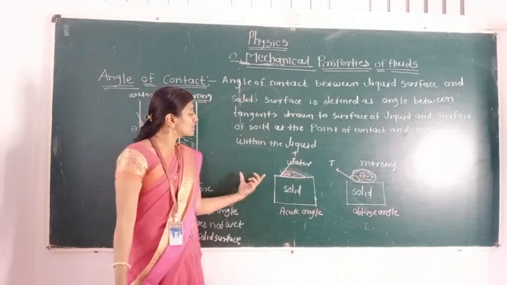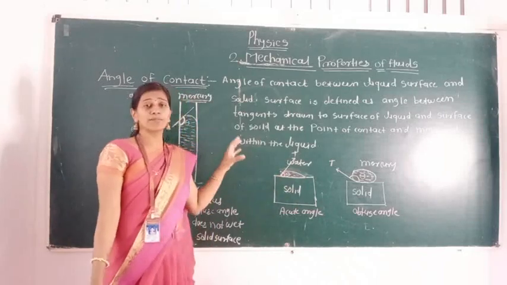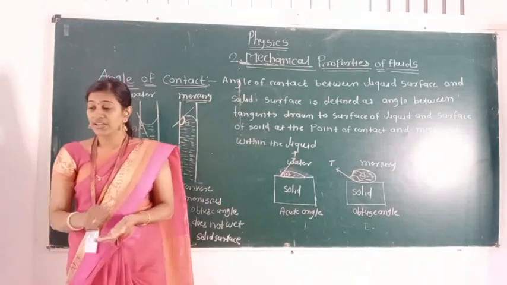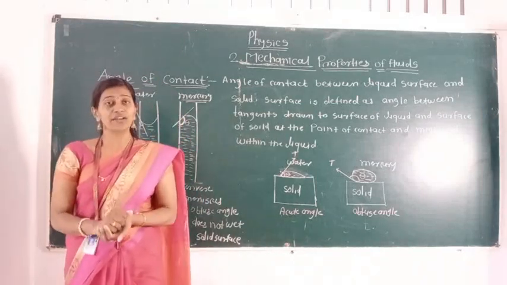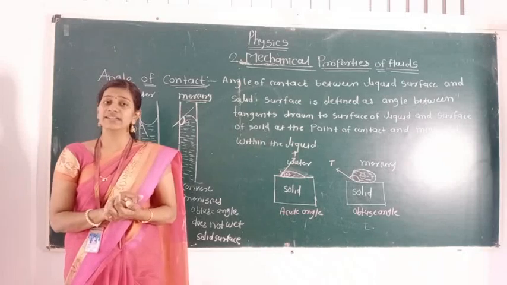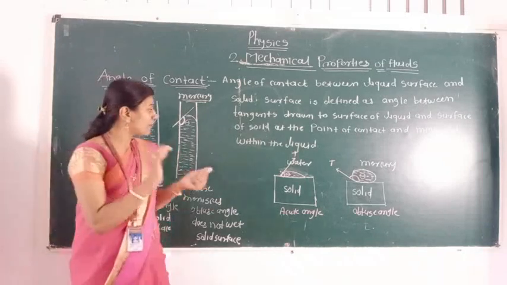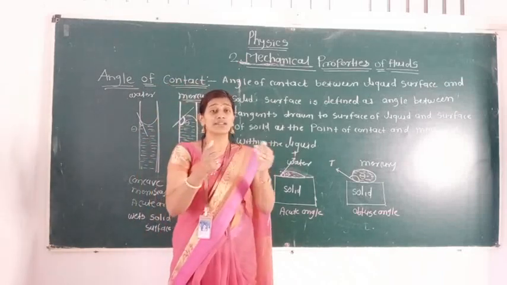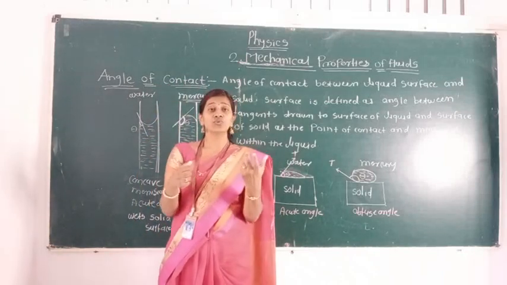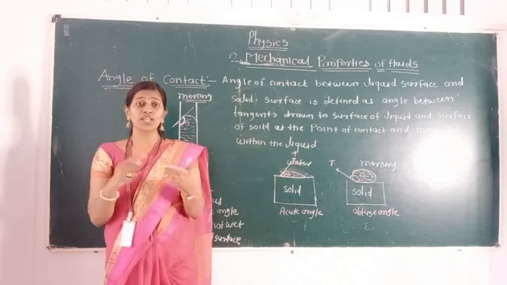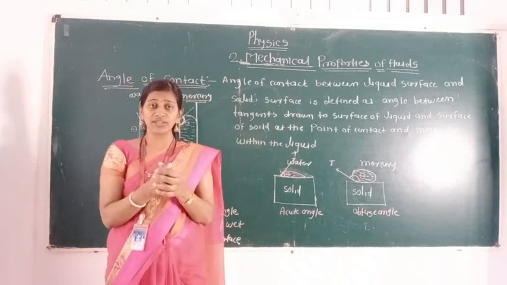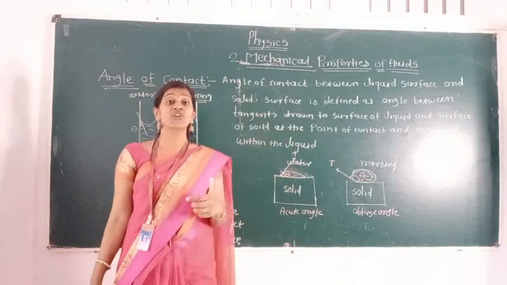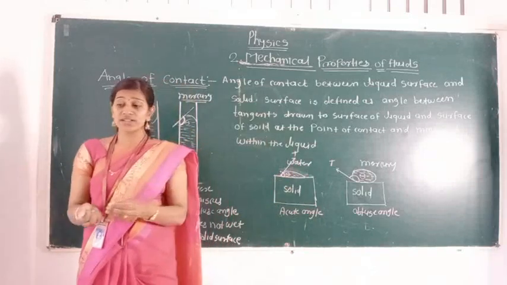For a particular pair of solid and liquid, it is a constant. It depends on the nature of the solid and liquid which come in contact with each other. Whenever two different types of liquid and solid come in contact with each other, that angle of contact depends on the nature of the solid and liquid which come in contact.